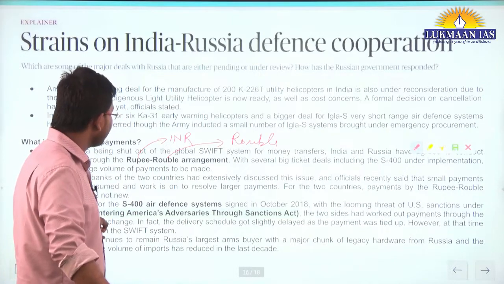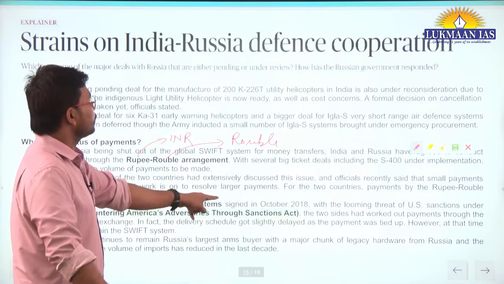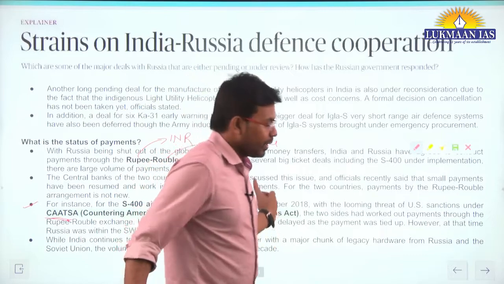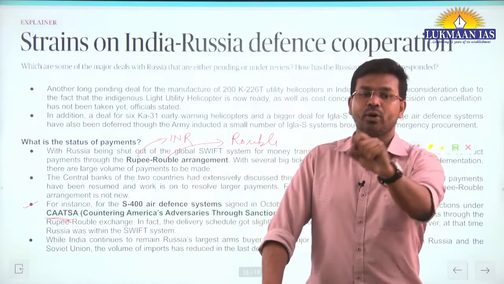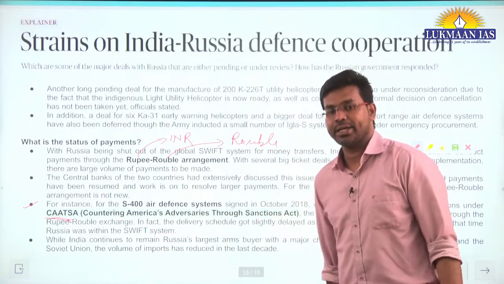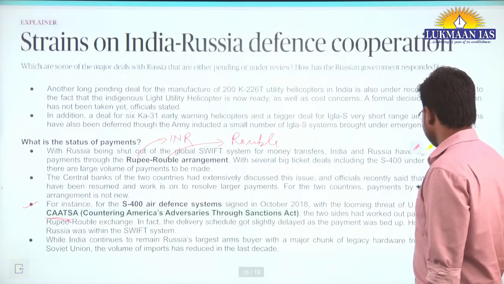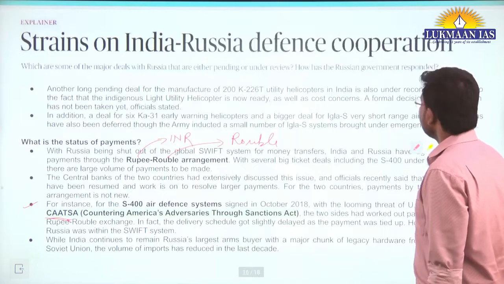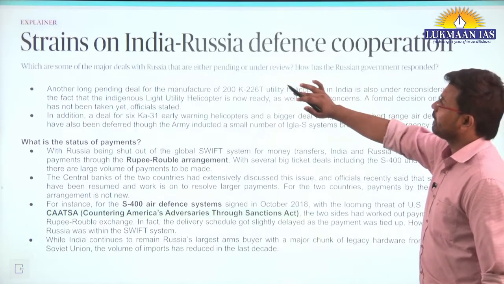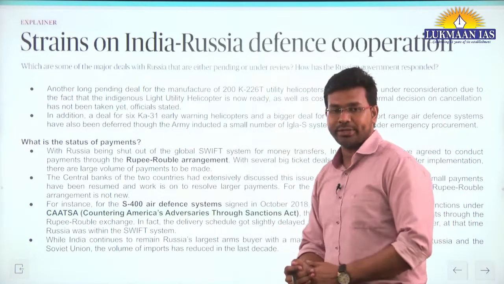So America puts sanctions on its adversaries like Russia, North Korea, and Iran. Alright, so this is related to strains on India-Russia defense ties.